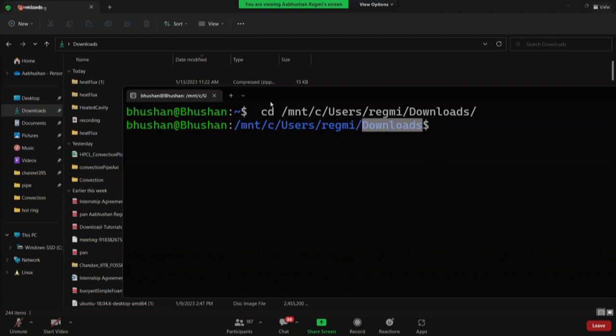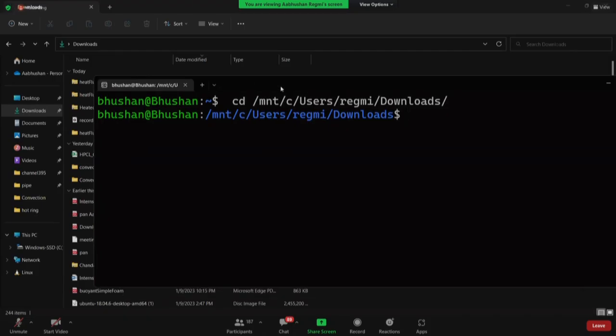If I am copying something like C double slash users slash 9163 desktop slash something, now an error is showing: command not found, C program command is not found. You're trying to copy something.